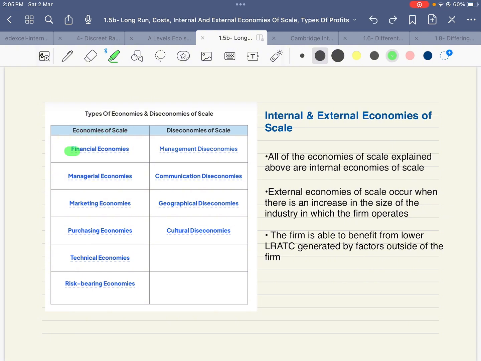Number one is financial economies, managerial economies, marketing economies, purchasing economies, technical economies, and risk bearing economies. What are the factors that lead to diseconomies of scale or increase in costs in the long run? Those are management diseconomies, communication diseconomies, geographical diseconomies, and cultural diseconomies.